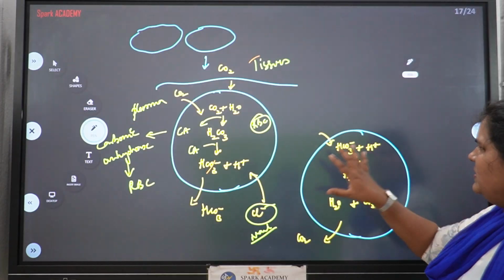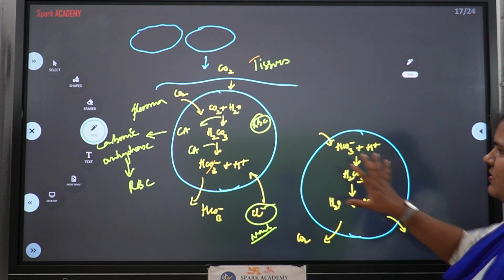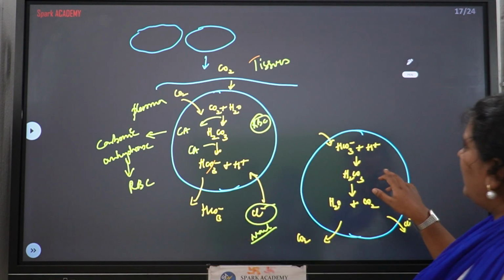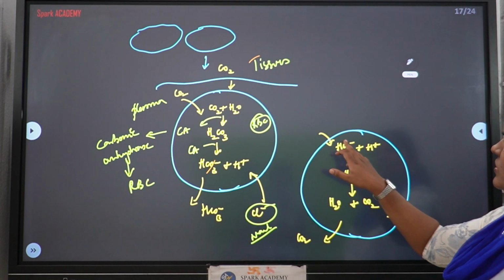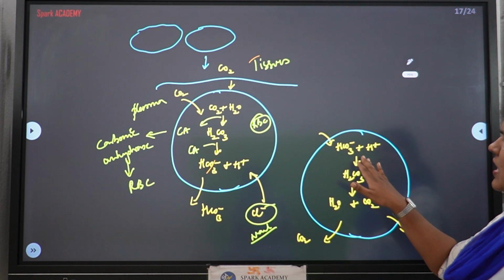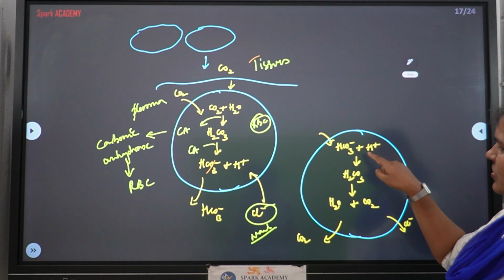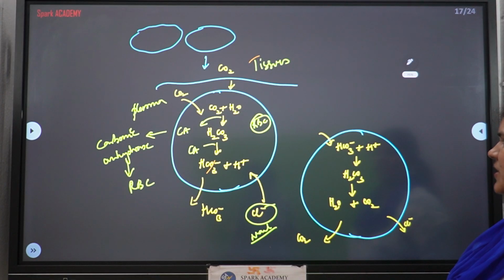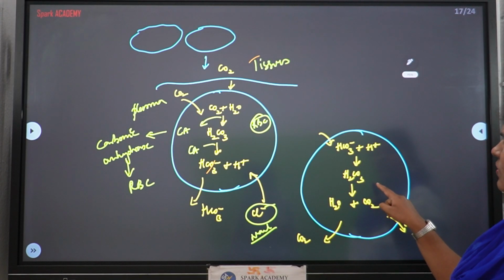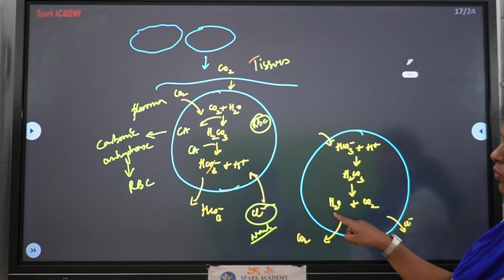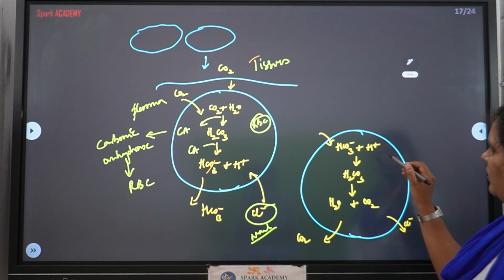Now once this blood reaches the lungs, say this is the lung area. In the lung area, these bicarbonate ions which are present in the plasma enter the RBC and bind to H plus ions. Then you can see the reaction is happening exactly in the opposite direction. Carbonic acid is formed, and it is again broken down into water and carbon dioxide.